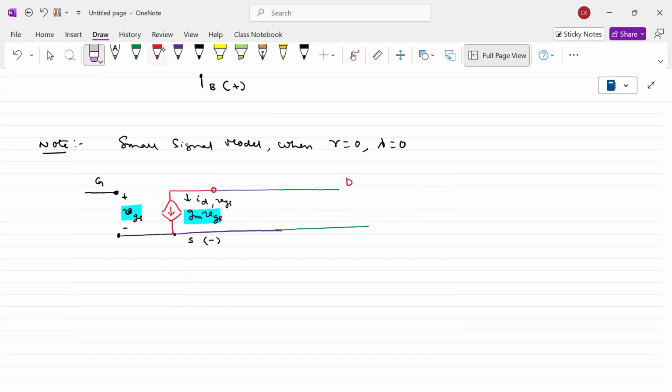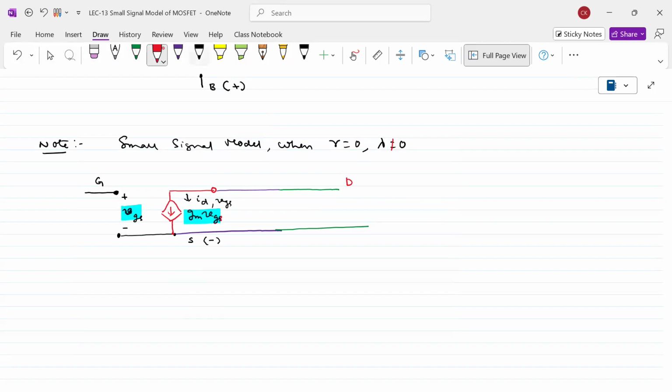If I say that only the body effect is considered, but the channel length modulation is not considered, then how does the circuit become? Which one do you have to consider? Not only this dependent source, which resistance or current source?